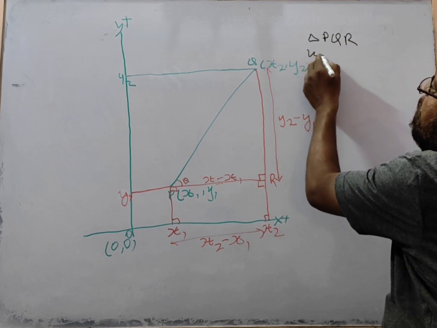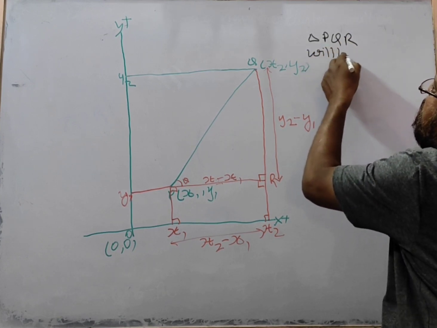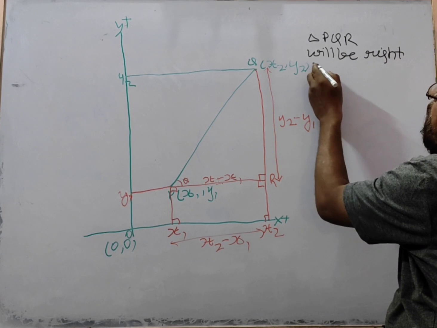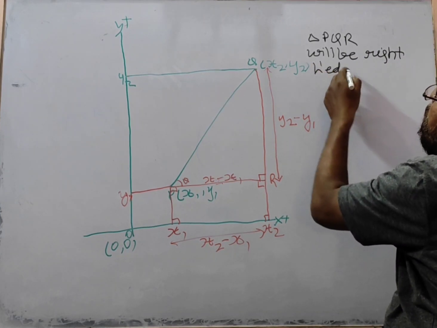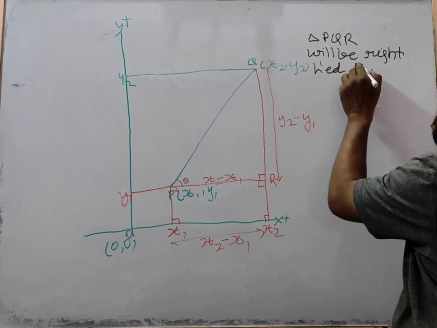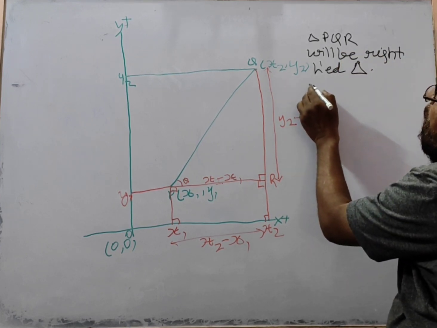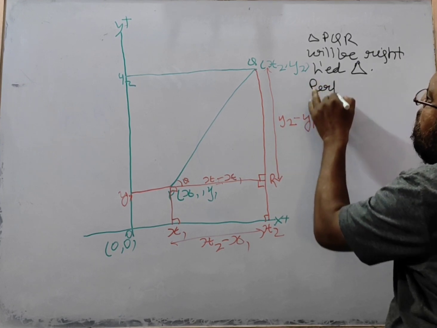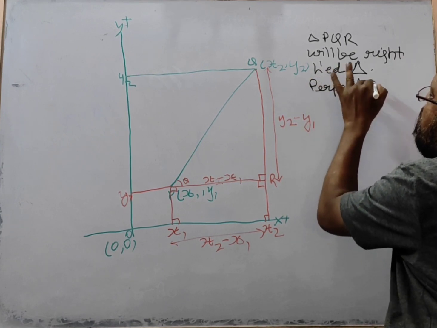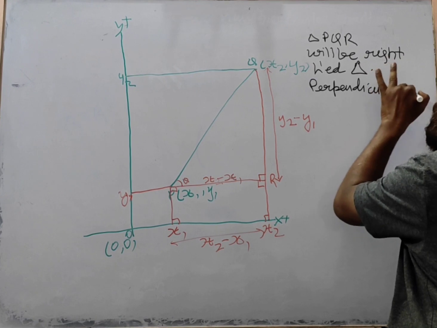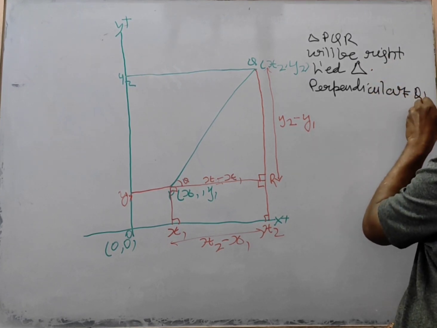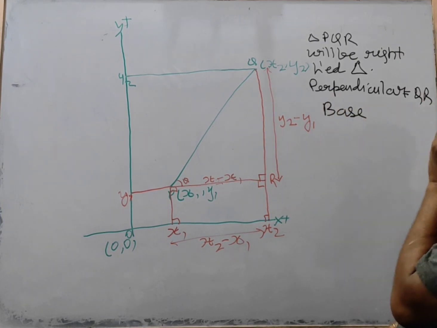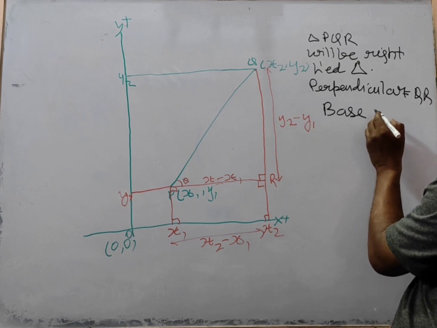will be a right angled triangle, right? This is a right angled triangle with perpendicular equal to QR, and base PR.